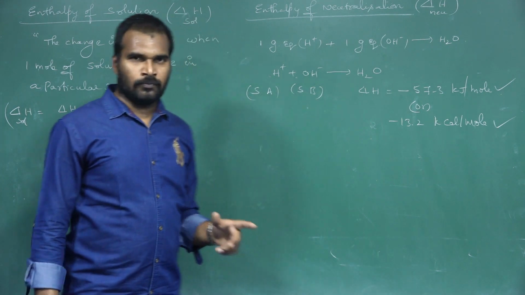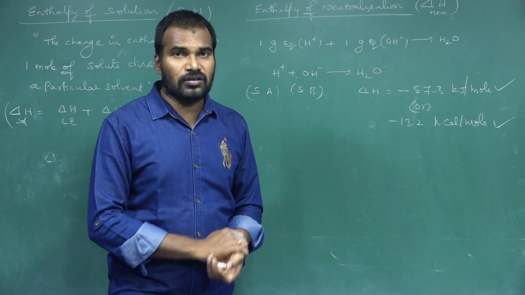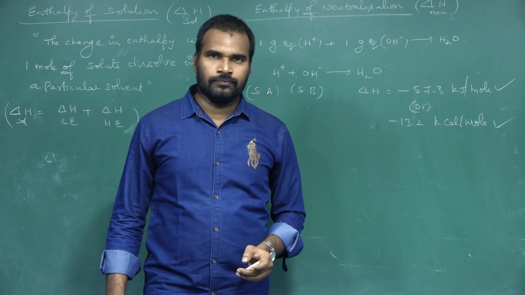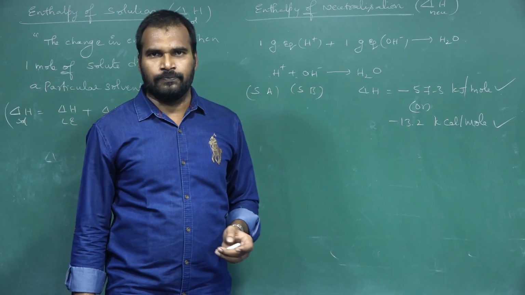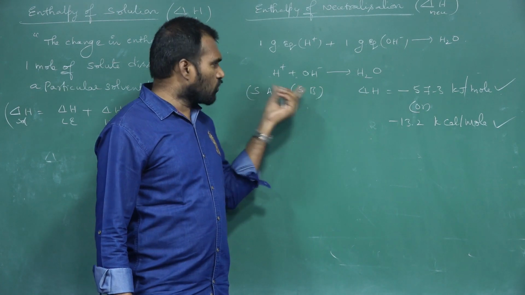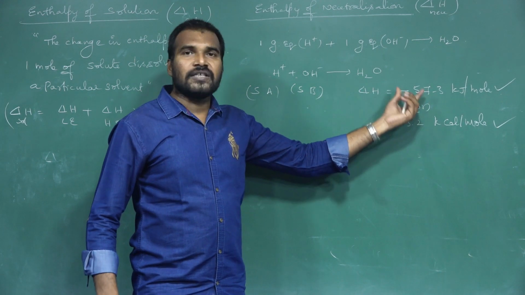What is the reason? Because strong acids and strong bases are completely ionized in water, 100% dissociation. Here 100% dissociation, here 100% dissociation. So the net reaction is always 100%. That is why its value is always fixed.